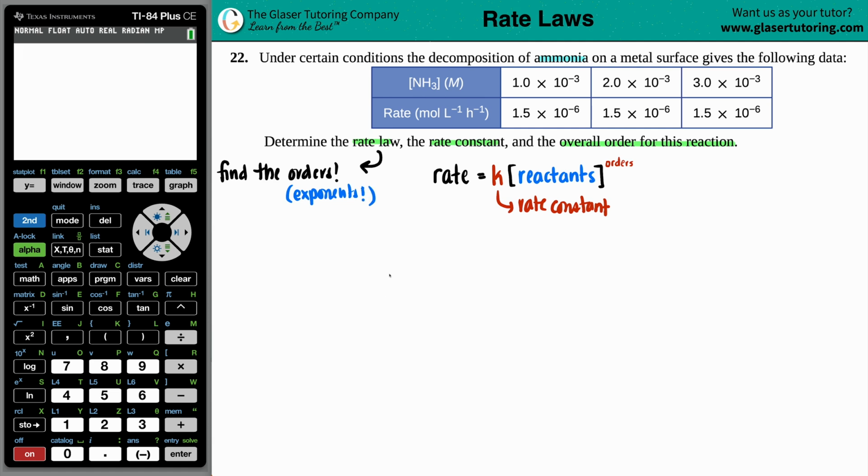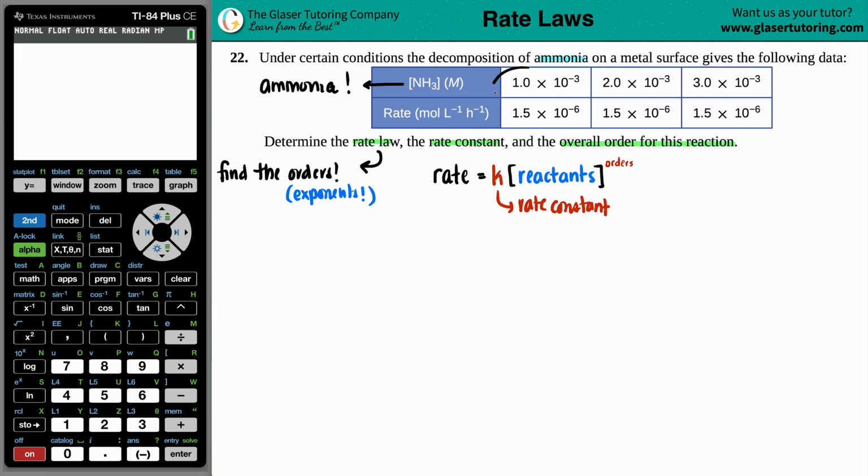We got this. Now, the easiest way that I find to do this is to use a type of ratio where we put one rate law over another, because they gave us 3 separate trials or experiments. For one trial, they gave us a molarity value for ammonia, and just know that NH3 is ammonia.